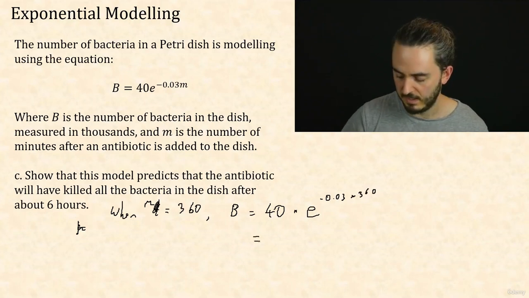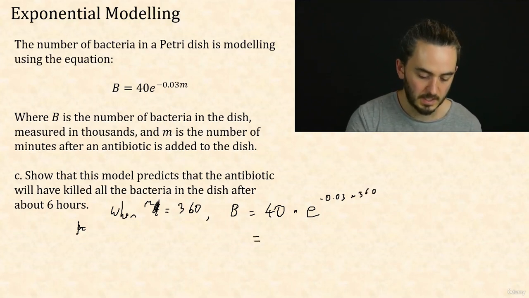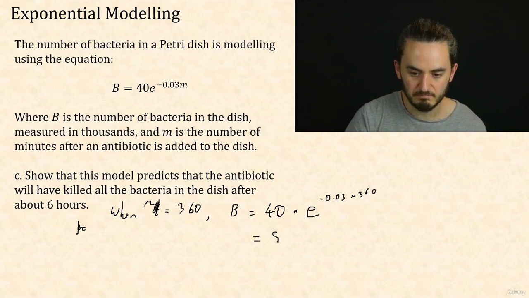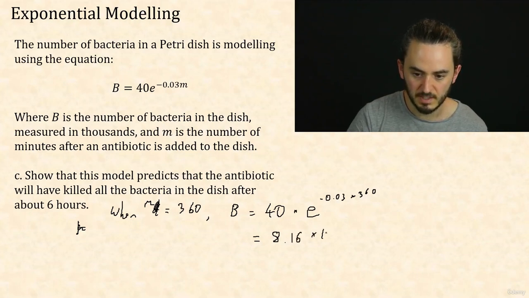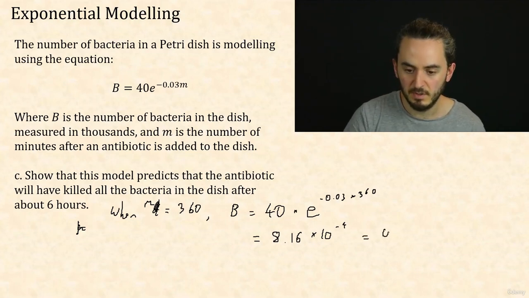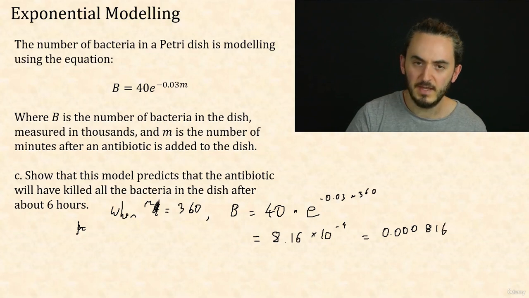Key all of that into the calculator, and we get 8.16 times 10 to the minus 4, which is 0.000816.